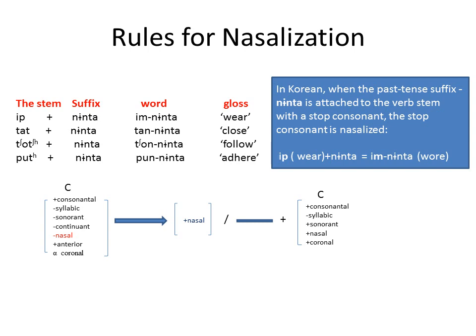Here we exclude the labial nasal and the velar nasal. We are talking about n. Therefore, it is plus coronal. This is the phonological rule for consonant nasalization in Korean.